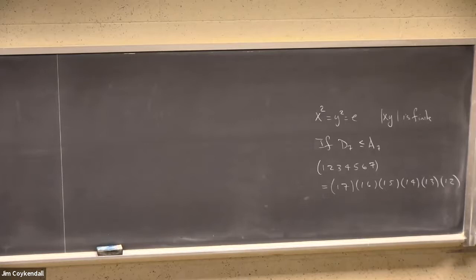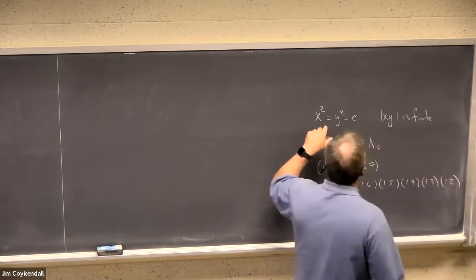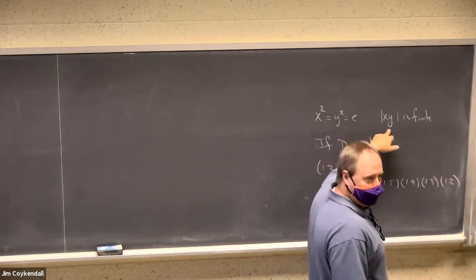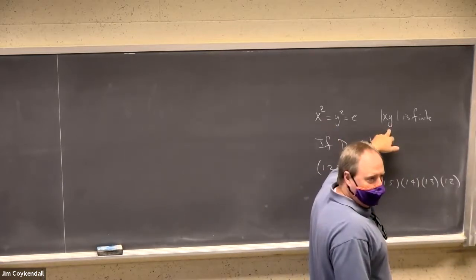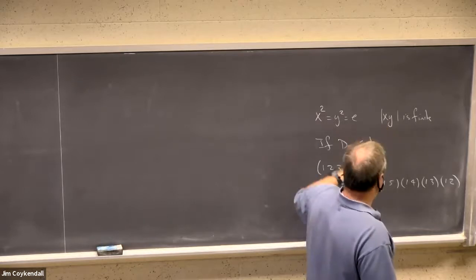What you know is the group was generated by two elements of order two, and it was a finite group. What you can do is show that the group generated by X and XY is also the whole group.